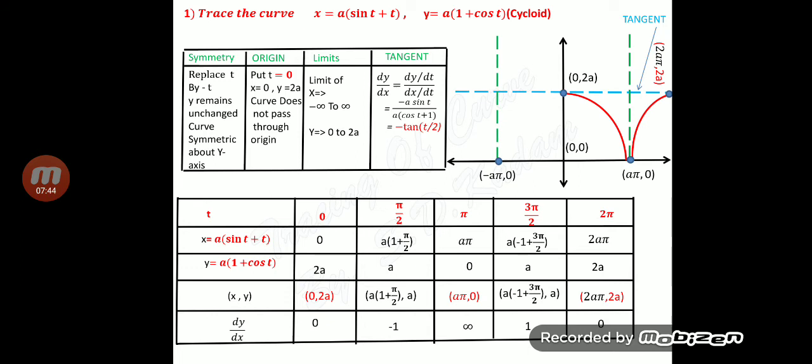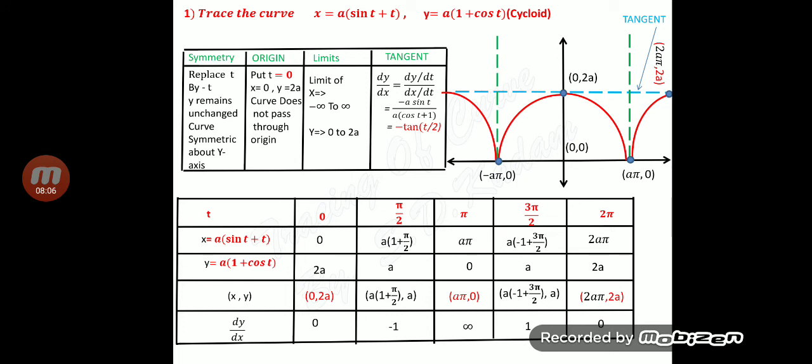As this is a rolling circle, therefore we can join the points, complete the curve, the half part of the curve, that is minus a pi. The curve is symmetric about the y-axis. And this is the continuously running curve. Okay, hope you understood. Let me explain again.